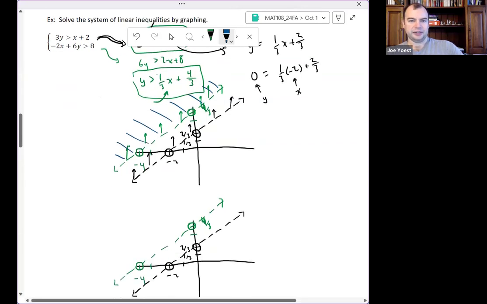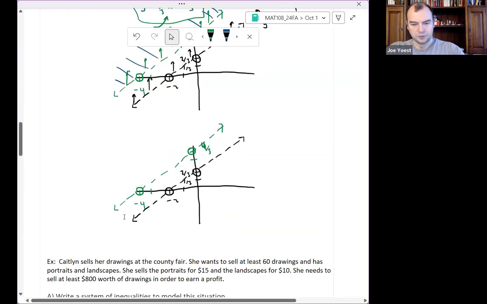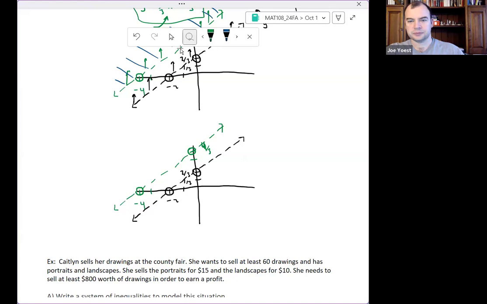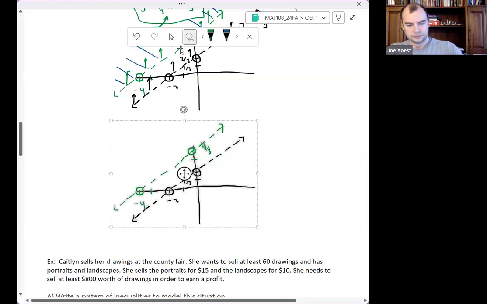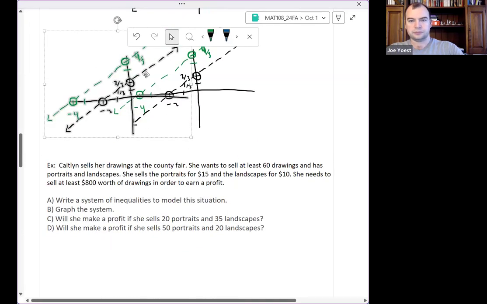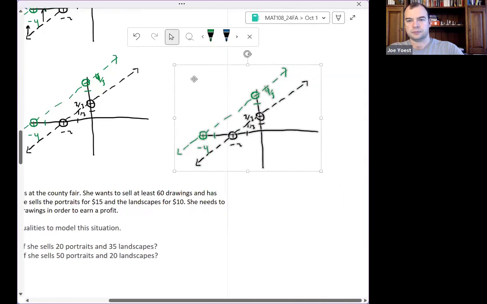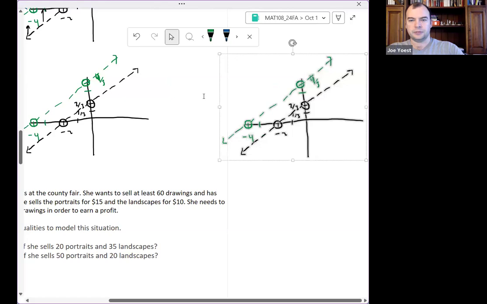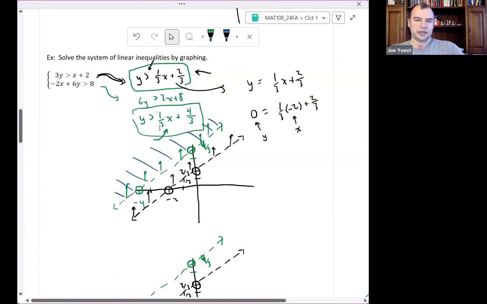Now, what if I had, let me actually copy this one more time. Okay. What if I had a pretty similar setup?